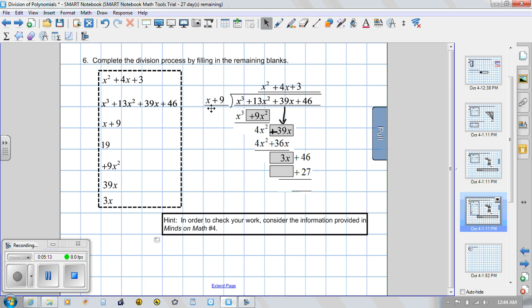Once you reach that stage, you know that you are basically at the end of the long division process and the quotient is complete. So just to round this out, x multiplied by 3 would give you 3x.